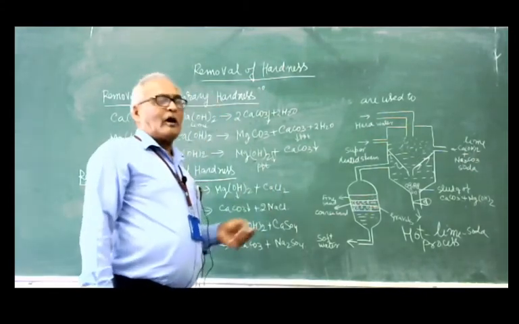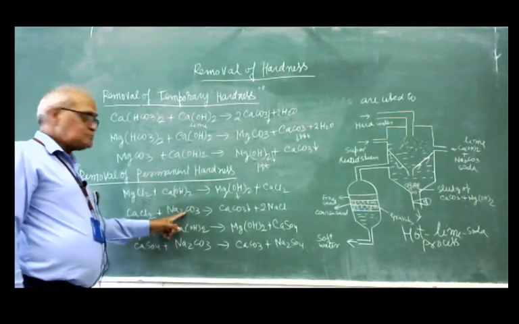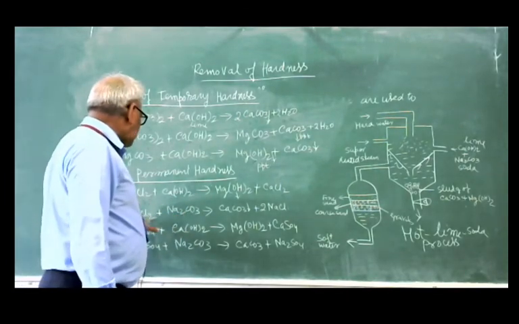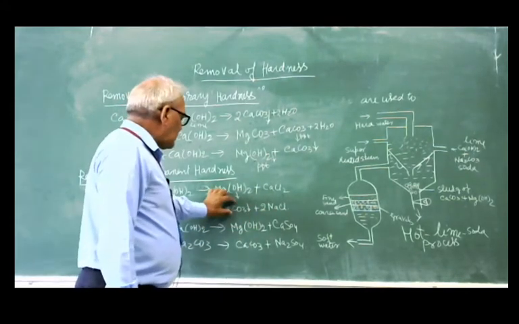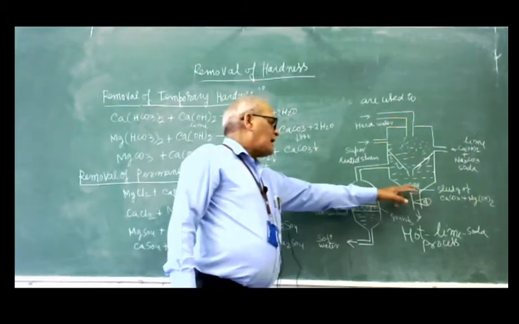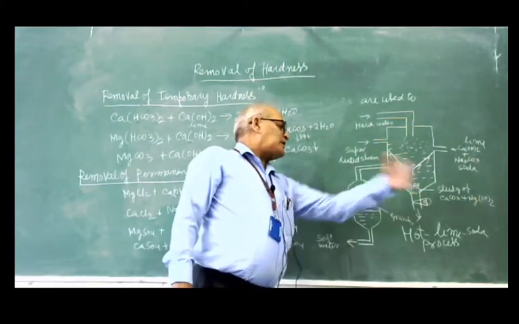So how to remove this calcium chloride? For the removal of calcium chloride, we use soda here. Soda reacts with the calcium chloride, giving calcium carbonate and sodium chloride. It deposits at the bottom of the softener, so you can remove it.